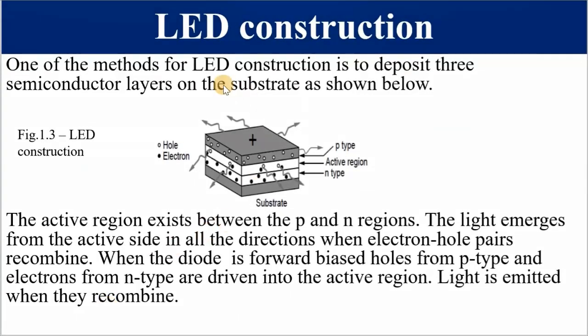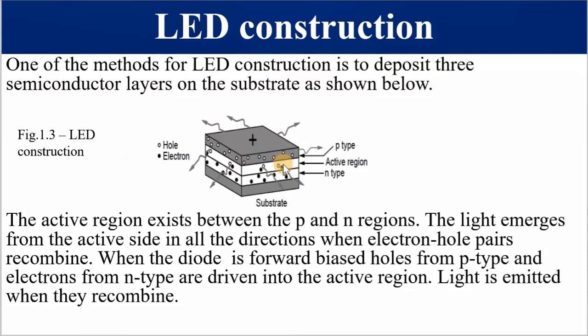Light emitting diode construction. This is showing the construction of a light emitting diode. As you can see, we've got 3 layers: the p-type on top, the active region between, and then the n-type beneath.